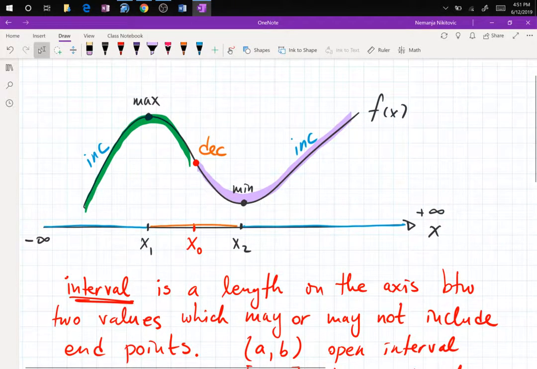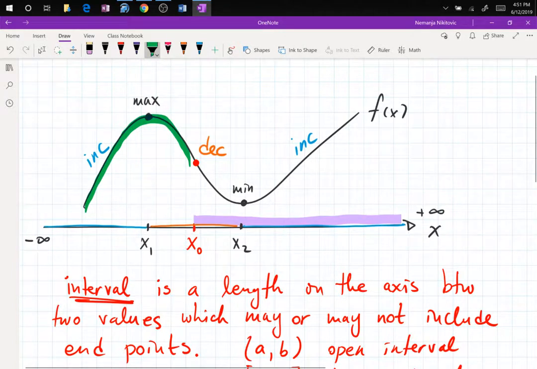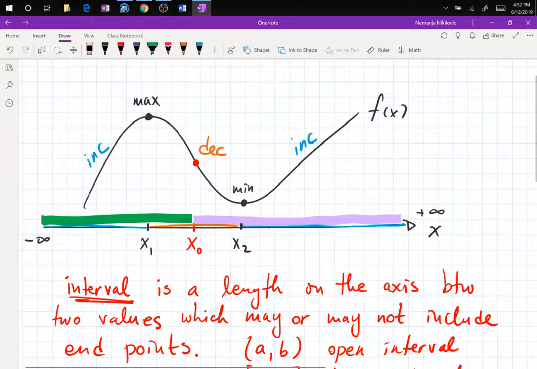I did this poorly, this is much better. There we go.